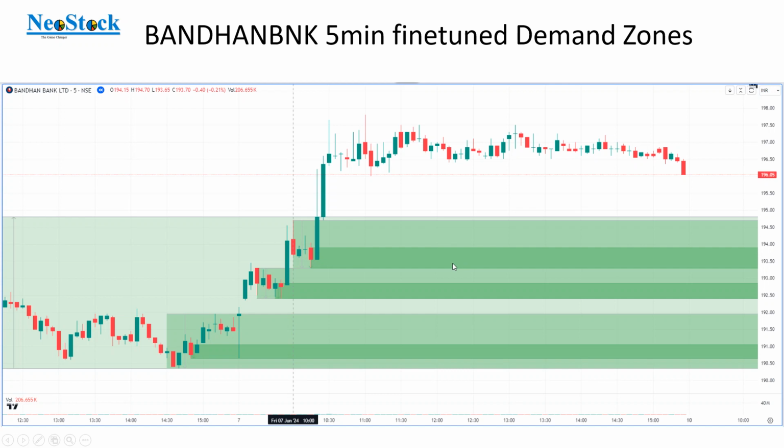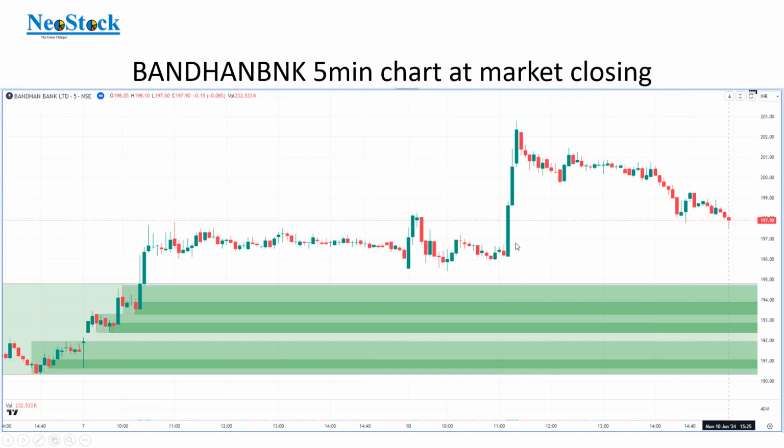So what happened in the market? So in the market, see, prices didn't enter into this zone. But after 3 days, prices entered into this zone, picked up the orders and again moved up.